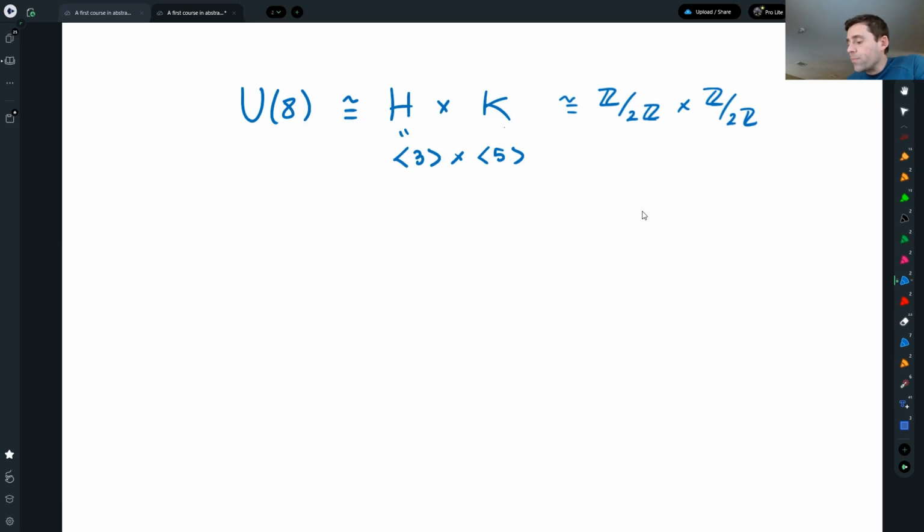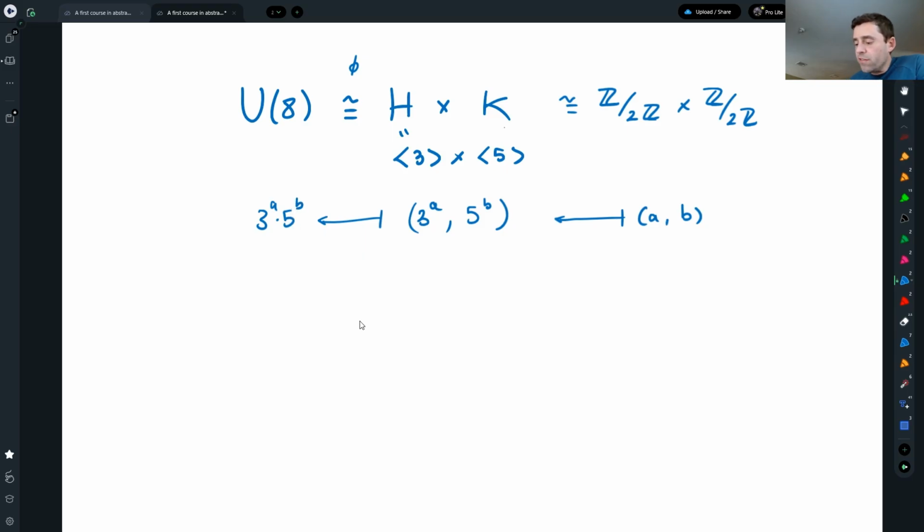How so? I can take the pair (a, b) and send it to the element in the direct product, 3 to the a and 5 to the b, and then this isomorphism here, which was phi, sends these to their product.